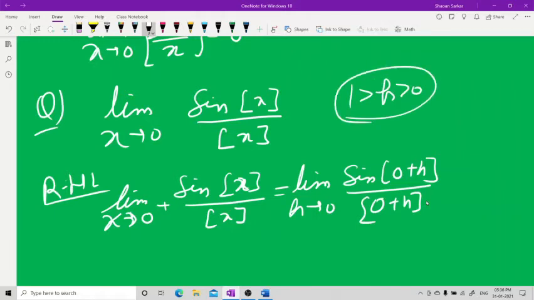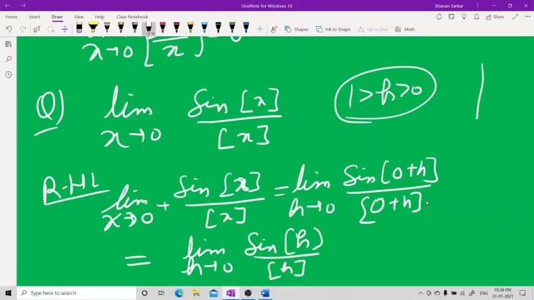This is the idea: h is a very small quantity but greater than 0. Now this is coming out to be limit h tending to 0 sine, now between 0 and h, this is coming out to be floor of h, and this is coming out to be floor of h. Now this is your ladder, floor. This is your 0. This is your 1. h is somewhere here, so h will have a value here.